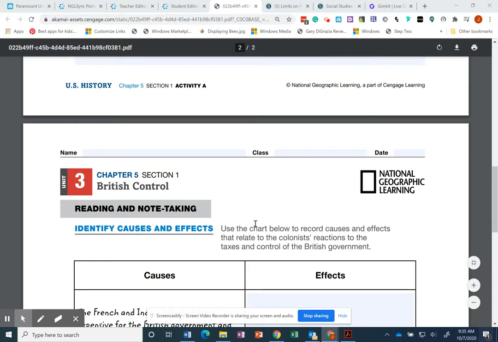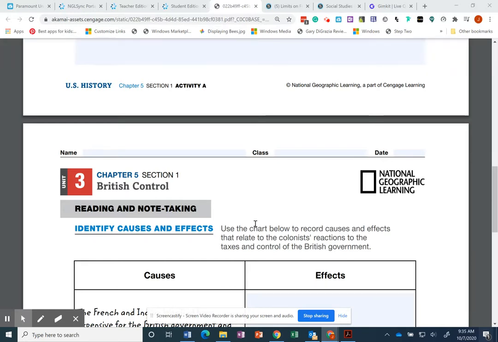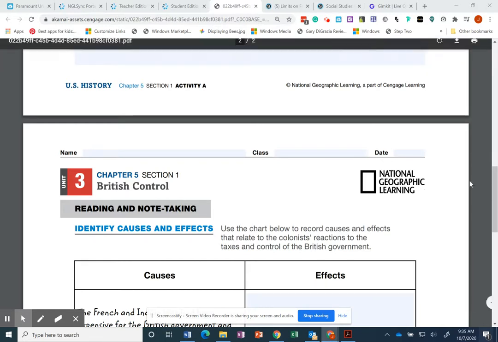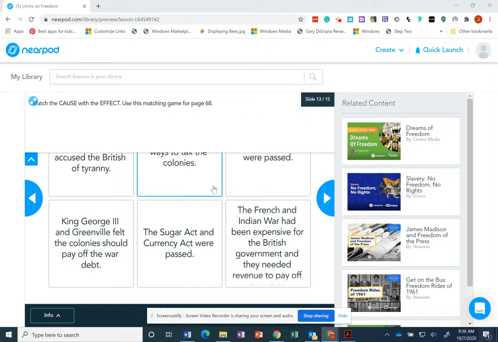Finally, if you do get stuck, remember that the answers are in the Nearpod. If you remember this matching activity from class earlier, here's that first answer. And you did the matching game. So this gives you the first three boxes, with the fourth being the Sugar Act.